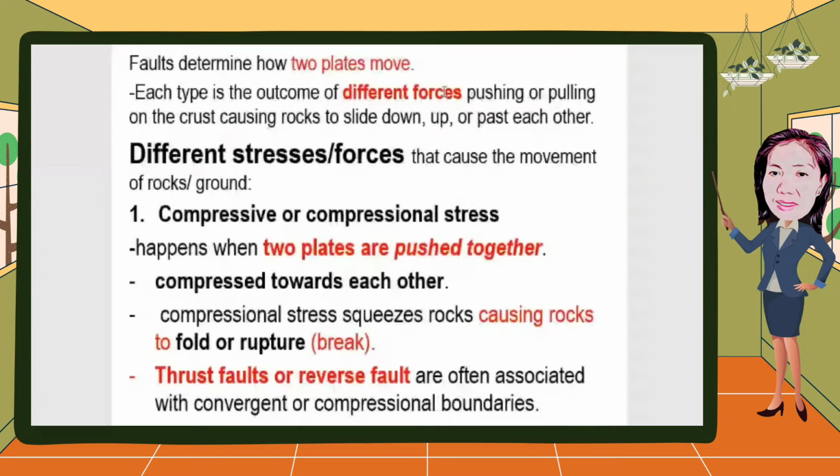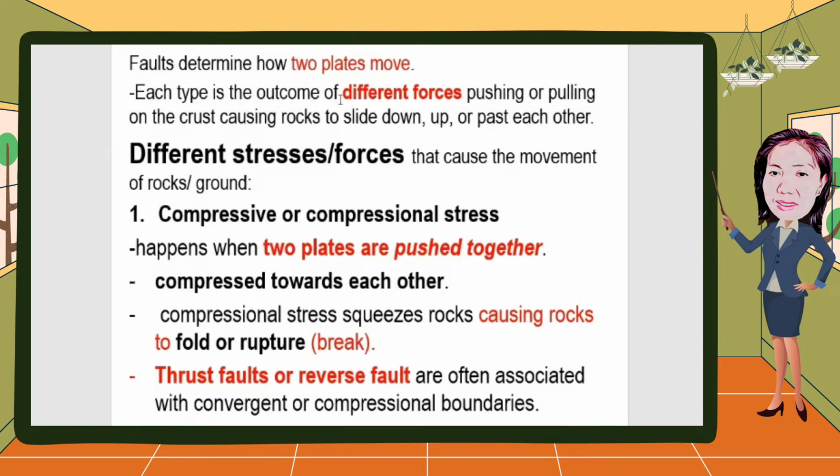So what caused the movement to the right, to the left, up and down? Actually, this is caused by the different forces pushing or pulling on the crust, causing the rock to slide down, slide up, or past each other, meaning nag-side-side lang siya.